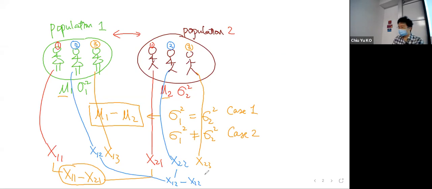And this is exactly what happens in scientific discovery, right? Population 1 is the treatment group. Population 2 is the control group. You care about the difference between them. Maybe population 2 is those people who have no vaccine, and 1 is those who have the vaccine. And why they are paired is, one way, they are very similar, so you can pair them.